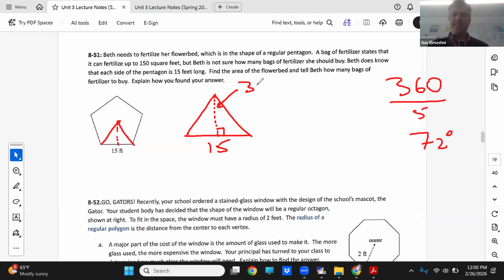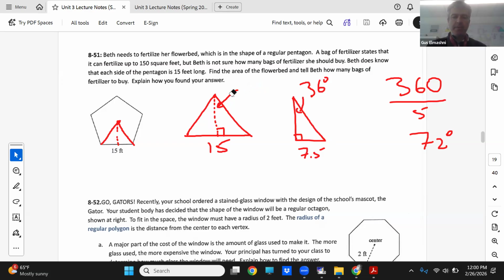Anyhow, each central angle is 72 degrees, so half is 36. And when I do this trig business, that's 7.5 and 36 degrees.